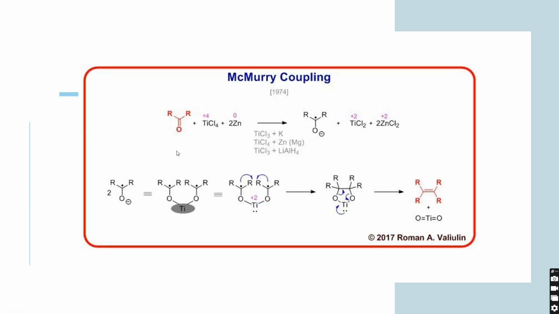So this is a McMurry coupling reaction, which involves an electron transfer reaction from titanium to carbonyl group, and two such radicals which are arising because of electron donation from titanium can couple in this fashion to give us a 5-membered intermediate which can liberate the carbon-carbon double bond at the end.